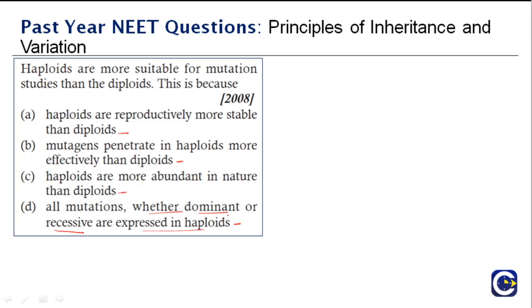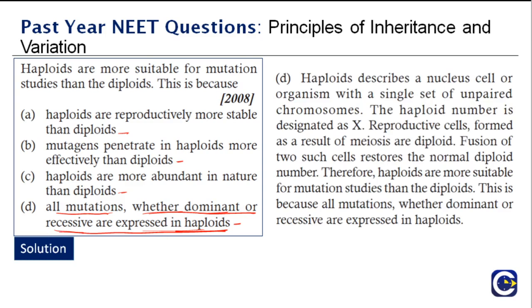So why are haploids more suitable for mutation study than diploids? The answer is because all mutations, whether dominant or recessive, are expressed in haploids. Why? Because if there is a recessive character, it is also expressed since only one copy is present. There is no dominant factor to mask the expression of the recessive factor. So the right answer is D.